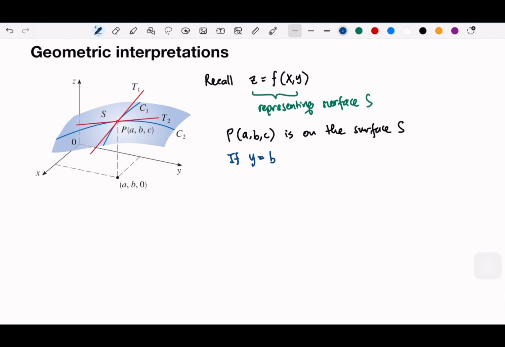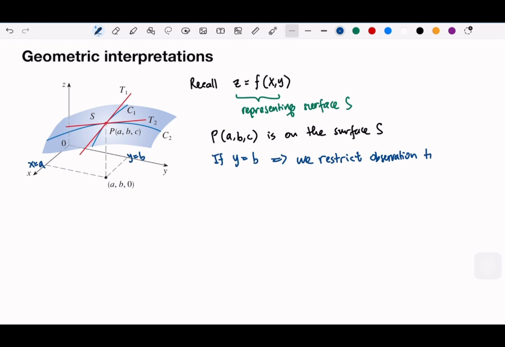Let me just write that. This is b. This is x equal a. So if y equal b, then it means we restrict the observation to C1.